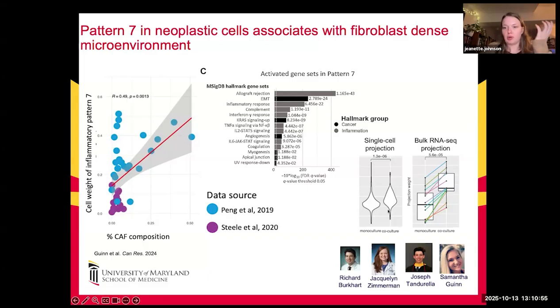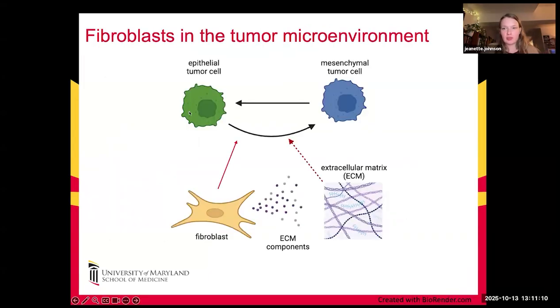which indicated inflammatory response and epithelial to mesenchymal transition. Follow-up experiments in our organoid co-culture system confirmed that this gene set is induced on average when these pancreatic epithelial tumor cells are grown with fibroblasts. So we now have a model like this where we have epithelial-like tumor cells, which is our lab's own classification of the different phenotypes of PDAC tumor cells that can exist.